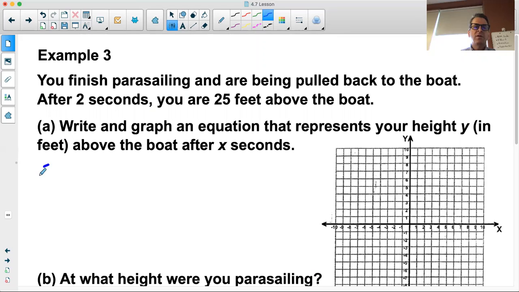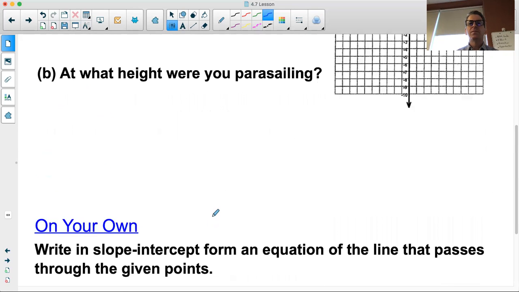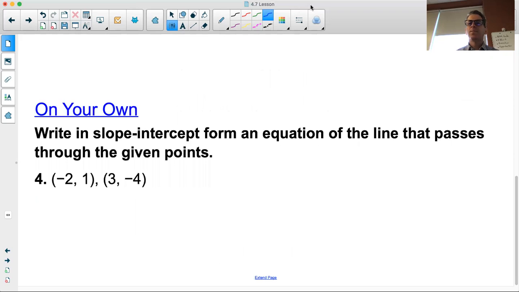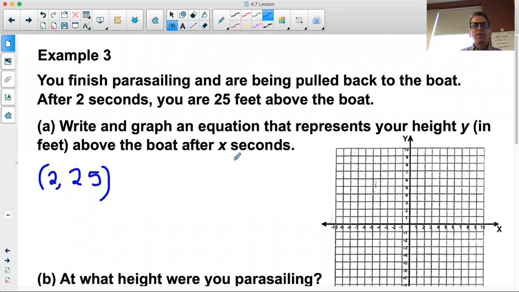So you've got a relationship of seconds to 25 feet. You're descending at 10 feet per second.